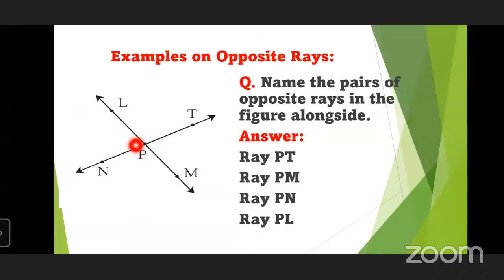Now see here, these four rays originate from point P and they make straight lines. Fine. So these two are straight lines and they form four rays. Let's start from point B.